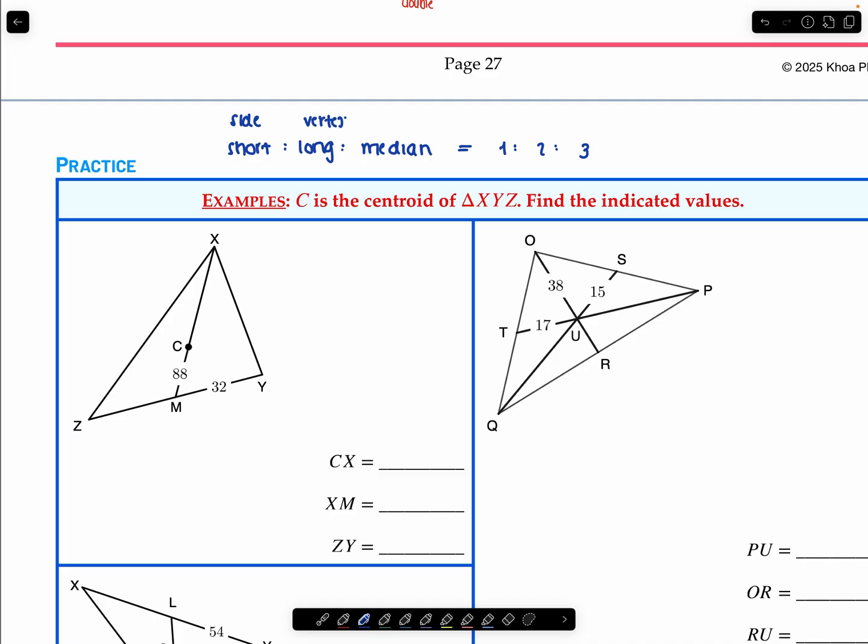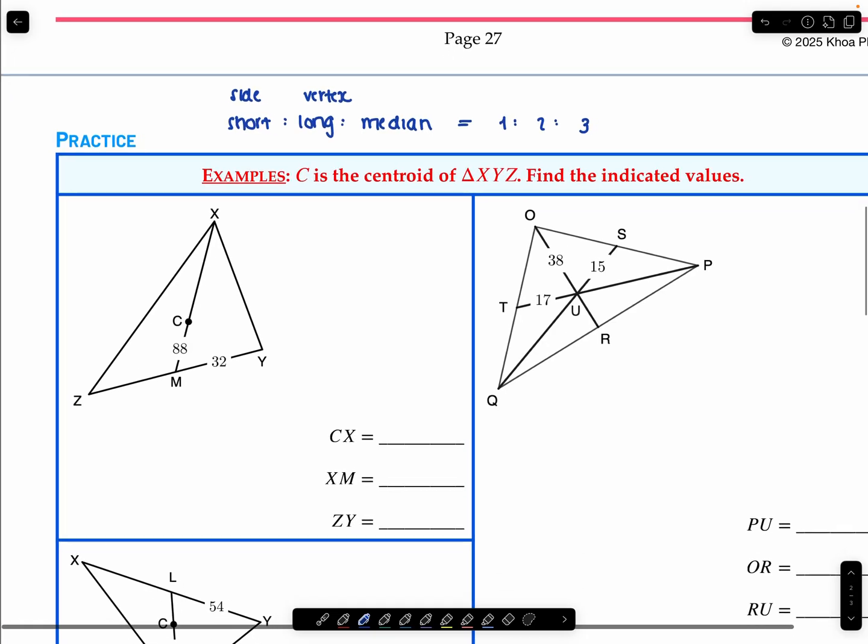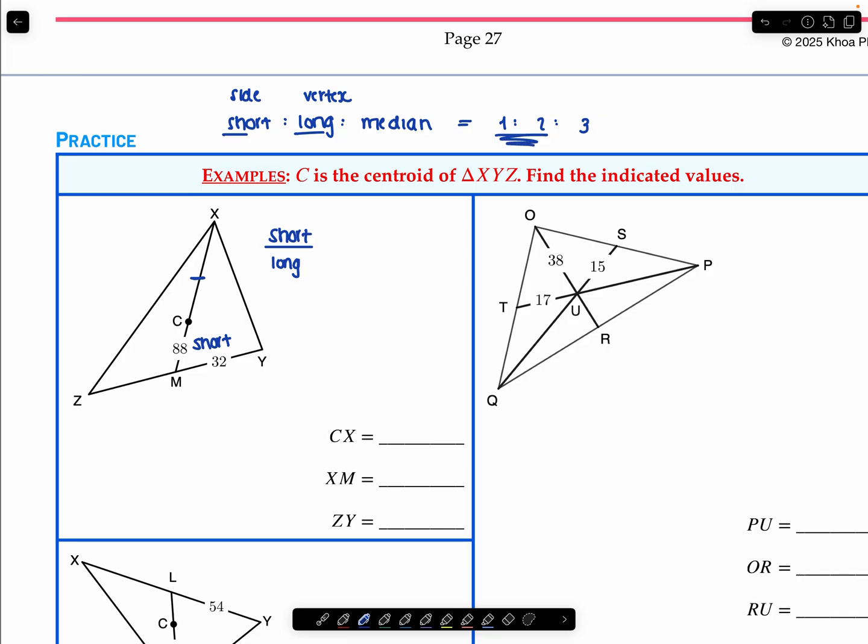And so we can look at these quantities here. So for example, I have 88 here as a short. And so if I want to find what CX is up here, this is going to be short to long. And that part of the ratio is this first 2, it's 1 to 2.